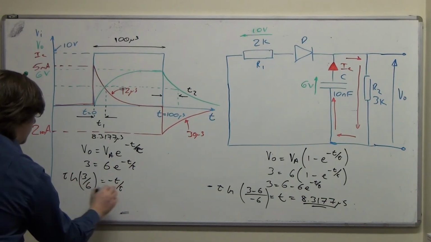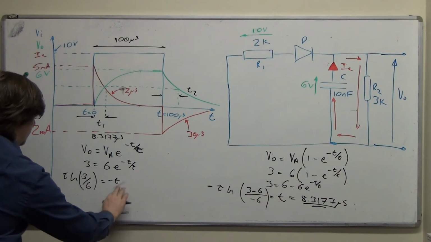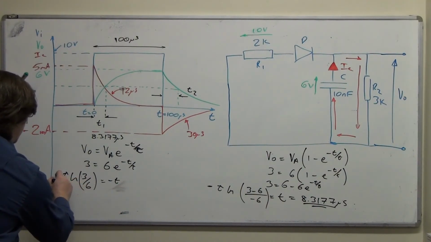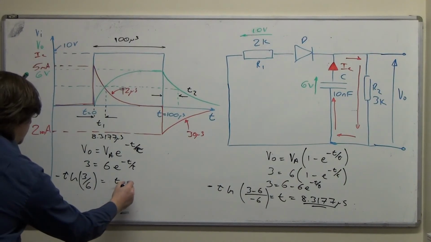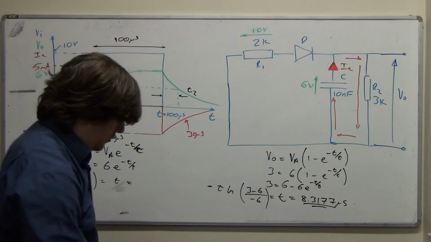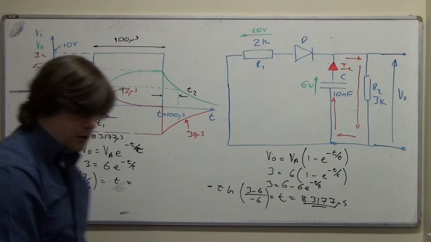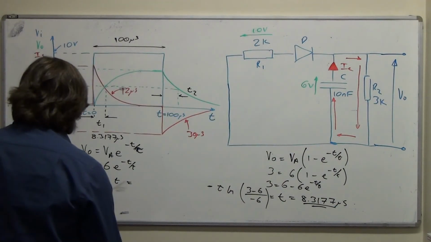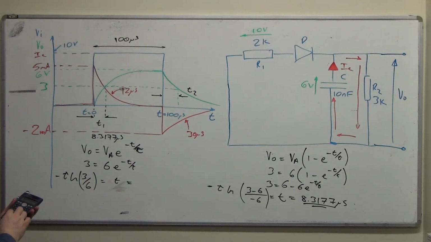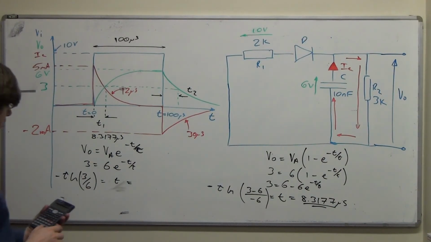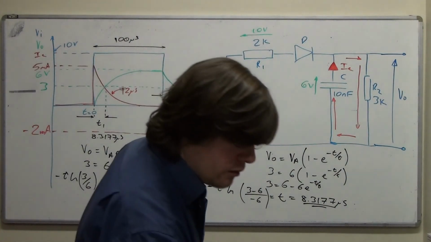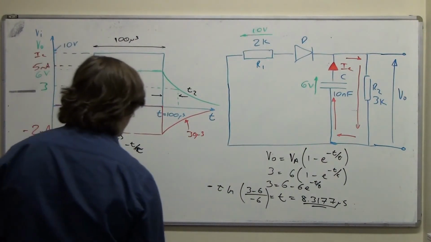Multiply through by tau, and then by minus 1 to yield t. Actually, I didn't write 3 down there, did I? It's 3. So we've got minus 30 microseconds times the logarithm of a half, which is 20.794 microseconds.